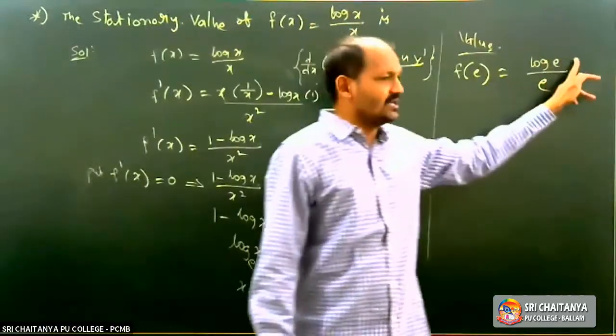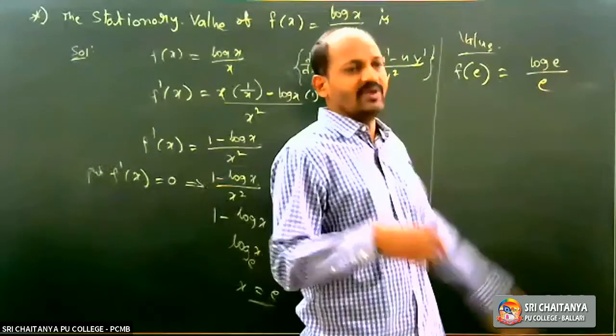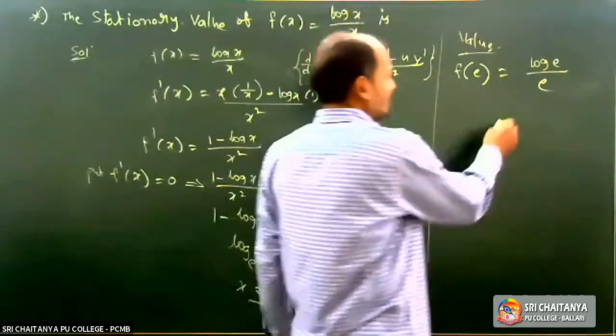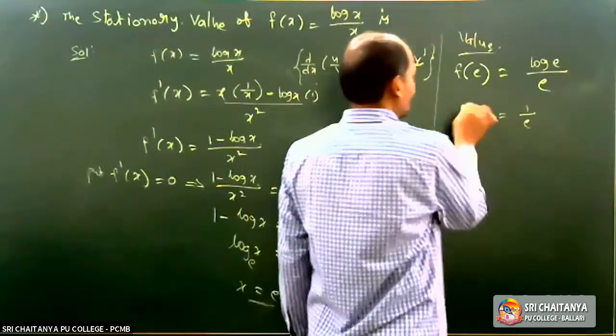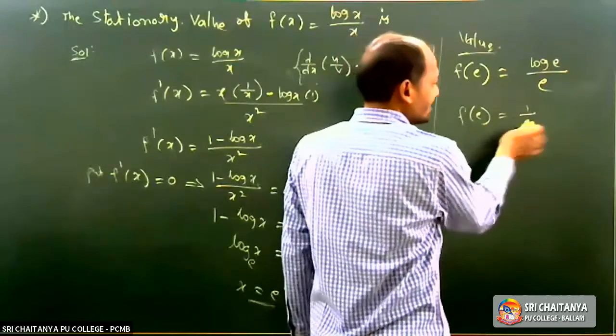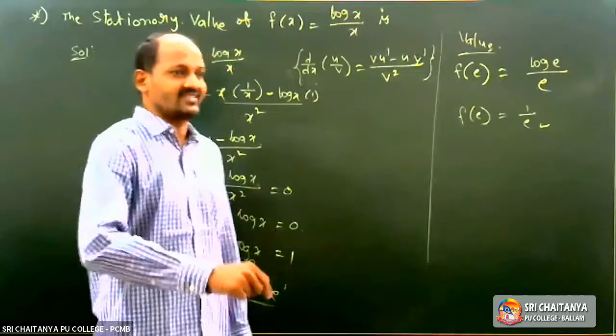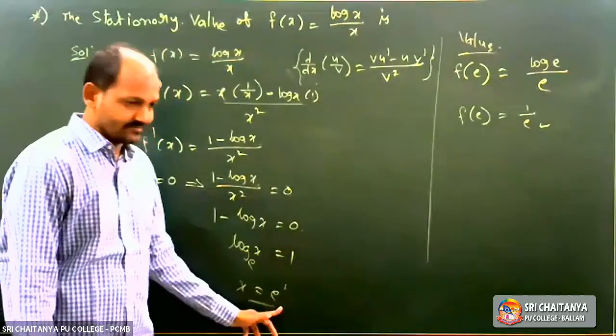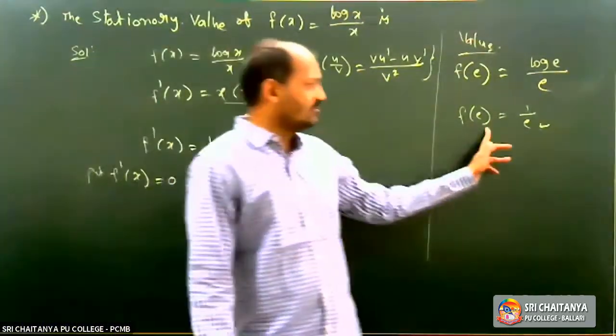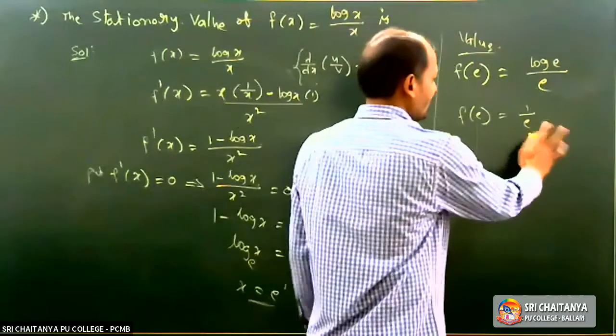What about the log e value? It is 1, already the base is e. Log e base e is 1. So it is 1 by e. So it is the stationary value. The stationary point is at x is equal to e, and the stationary value is 1 by e. Write down.